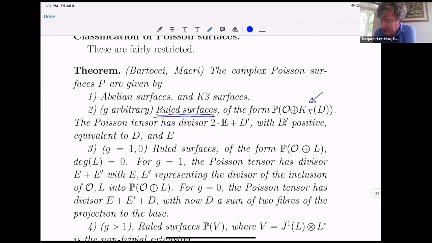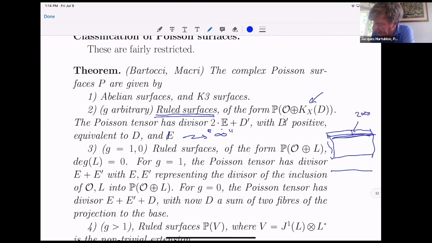The Poisson tensor is fixed. Okay, I'm all mixed up. So the picture here is you've got a rational, a ruled surface, and your Poisson structure basically has twice infinity, and possibly this divisor D or something equivalent to it.